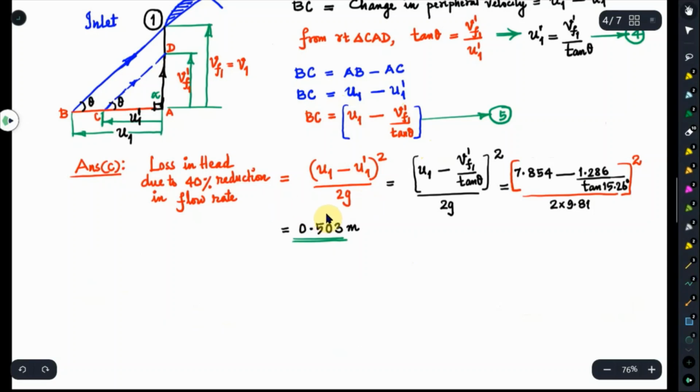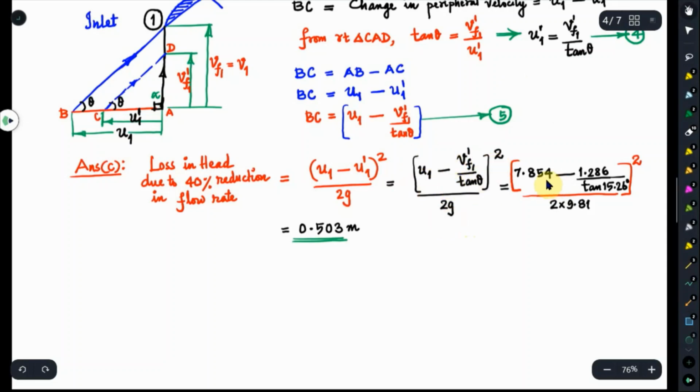Just like you take v square by 2g corresponding to the velocity v, we have the velocity head, that is v square by 2g. Similar to that, the velocity head due to the change in velocity from u1 to u1 dash is equal to u1 minus u1 dash whole square divided by 2g, that is u1 minus Vf1 dash divided by tan theta, this whole square divided by 2g.